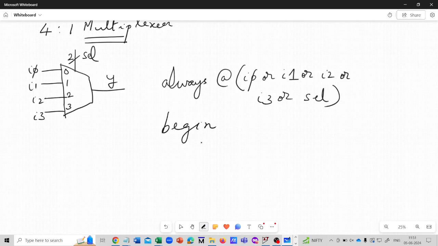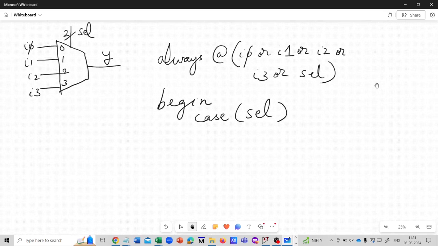So here we will model this behavior using a case statement. We can use a case statement whenever there are different conditions to be specified based on the value of a single line. In this case, the single line happens to be the select line.